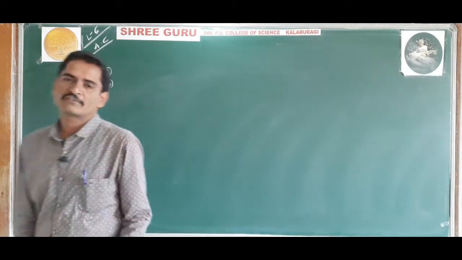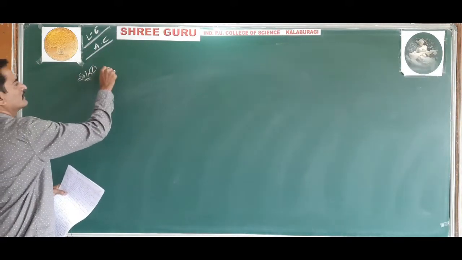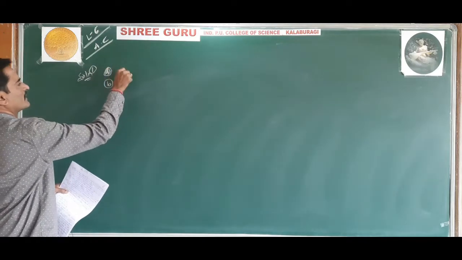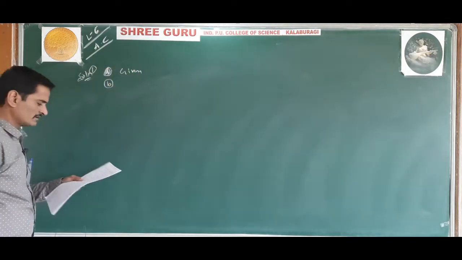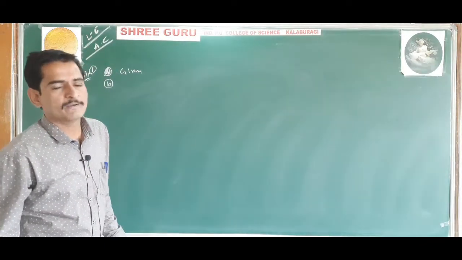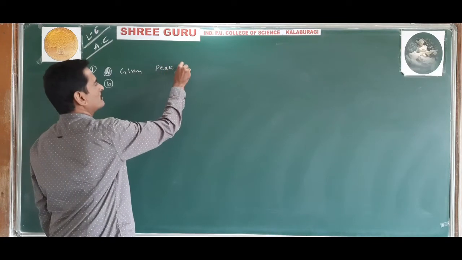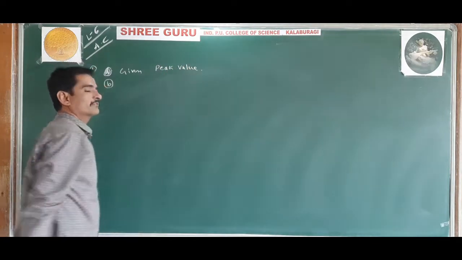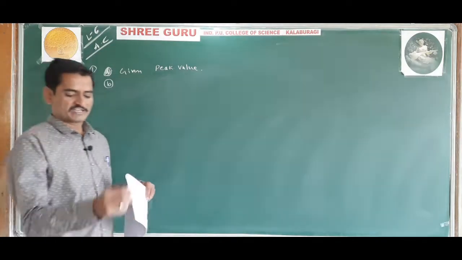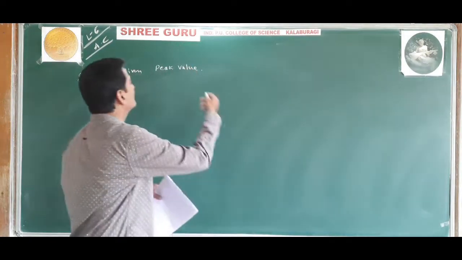Okay. First, let us solve A. In A, what is given? Read the question. The peak value of an AC supply is 300 volt. Peak value means that is the highest value, the largest value, the maximum value.